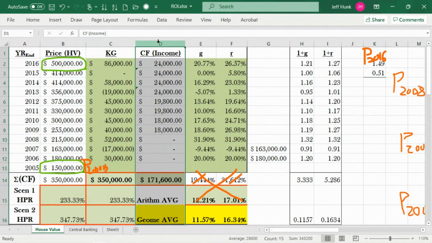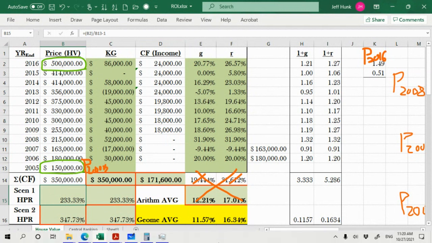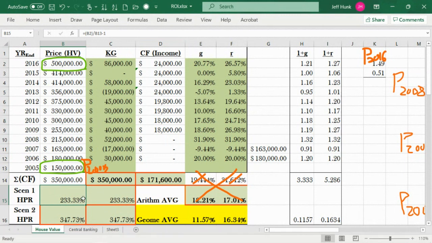So think about it. In scenario one, we calculated the holding period return because when you bought it, you paid 150K, but when you sold it, it was 500K. During these 11 years, the total capital gains is 350K.